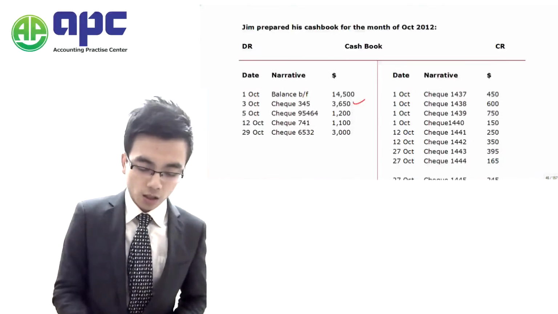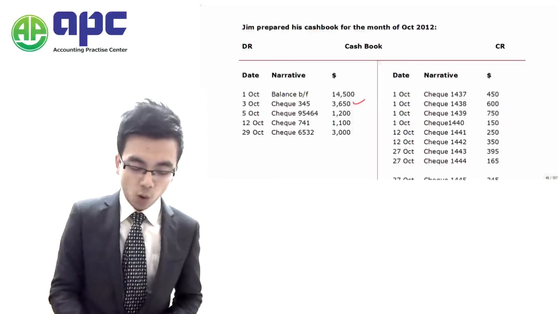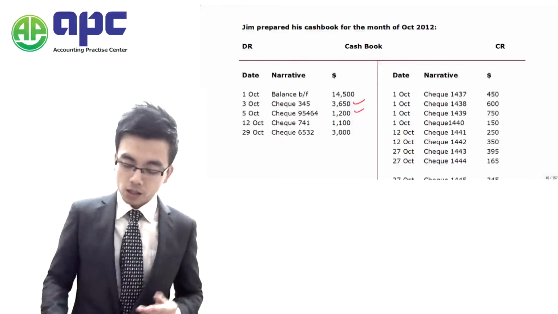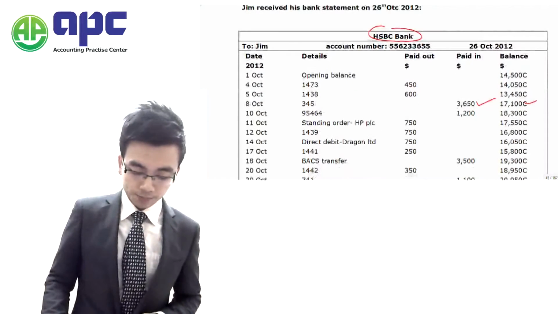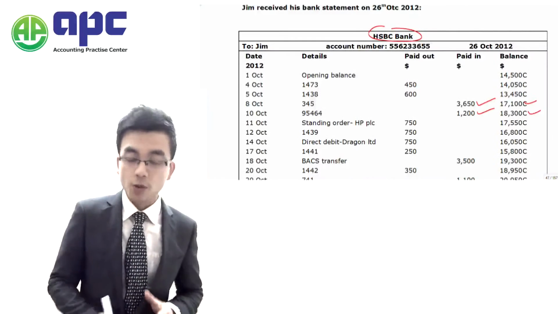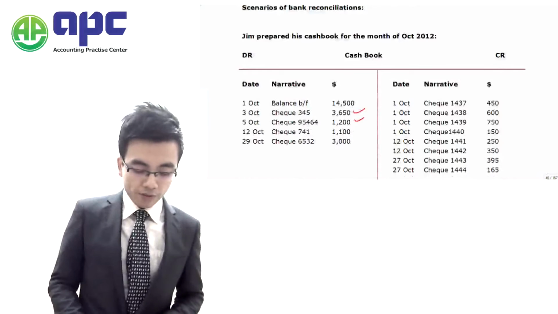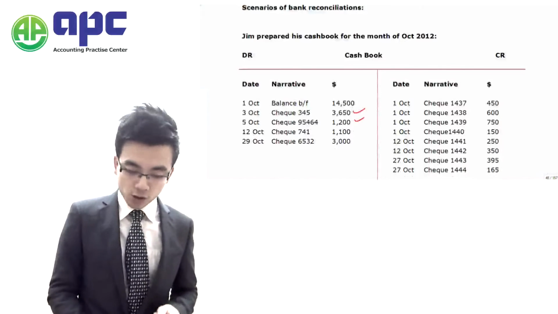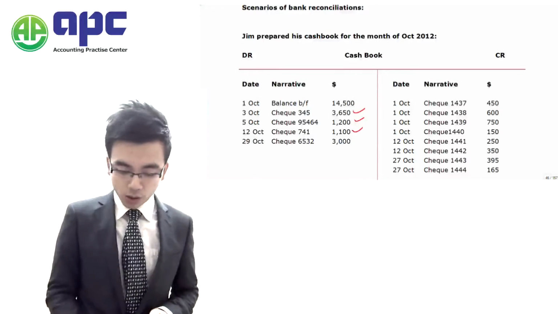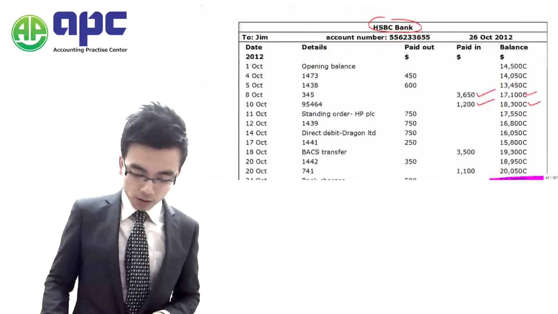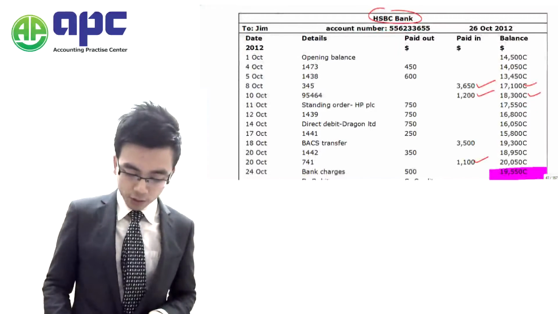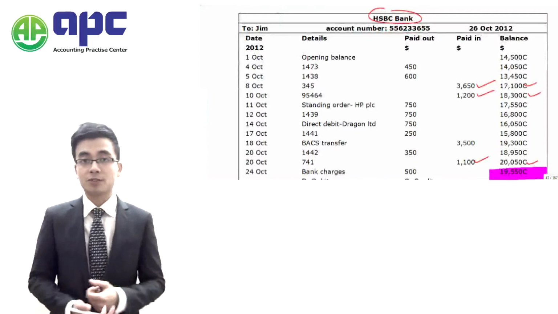Secondly, the check 95464 worth 1,200, so here as well, no need to adjust for that. And then we've got the check 741 worth 1,100, so 1,100, 741 here as well, no problem for that whatsoever.